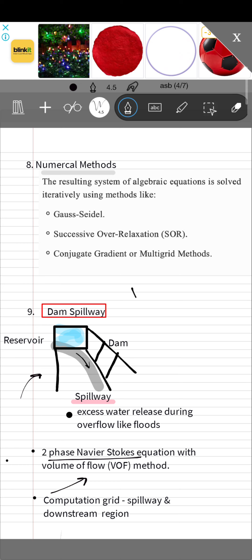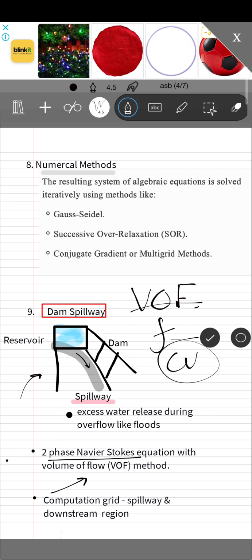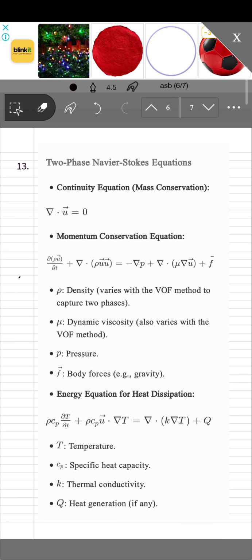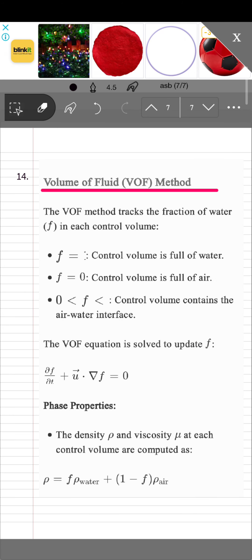So VOF, the volume of fluid method, tracks the fraction of water, F. F represents the fraction of water in each control volume. Okay, so let us go here, the volume of fluid method.